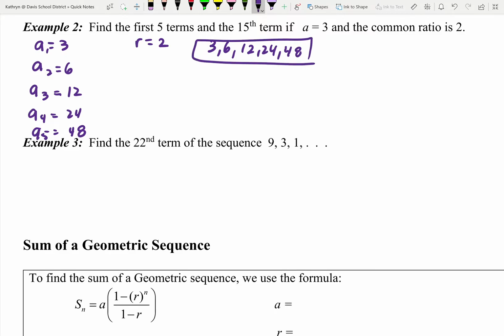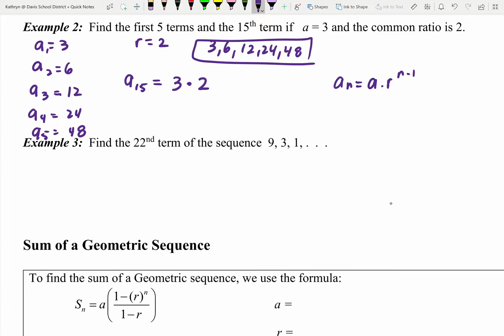Okay, and then the other thing they want is the 15th term. So guys, the symbolism for the 15th term is a sub 15. You need to understand that. Okay, so to find the 15th term, you use the formula a sub n equals a times r to the n minus 1. So a sub 15 is a, which is 3, multiplied by the common ratio, which is 2, raised to the n minus 1.